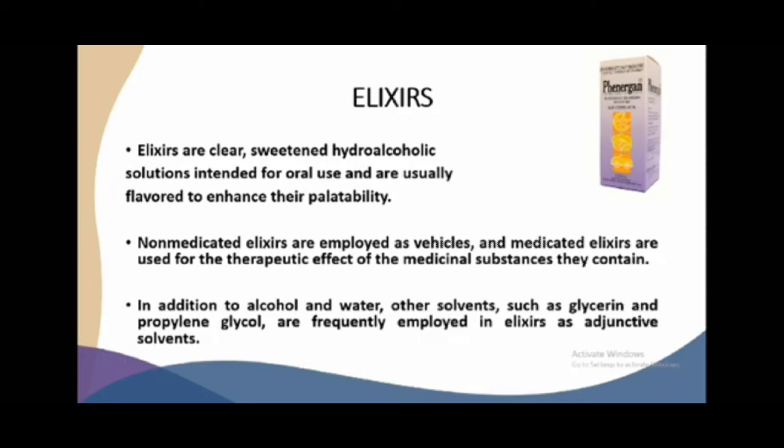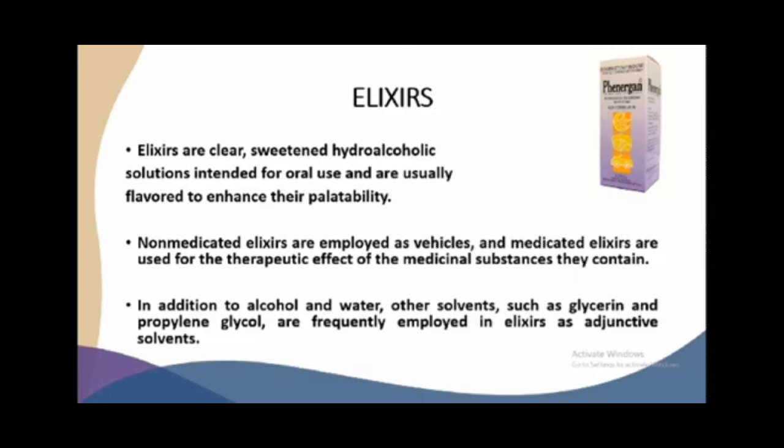Primarily, the main ingredients of elixirs are ethyl alcohol, water, glycerin, flavoring agents, and coloring agents. Propylene glycol is also used as a substitute for both glycerin and ethanol. Moreover, some sweeteners are also used.